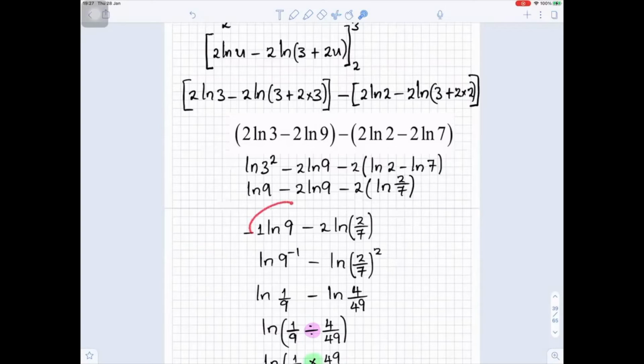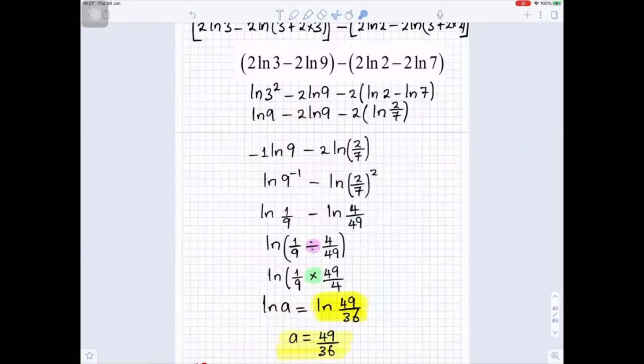So the minus 1 can come to the front as a power, becoming 9 to the minus 1. And the 2 can go in as a power, so it becomes ln of 2 over 7 squared. When you subtract them, you divide. So it's ln of 1 over 9 divided by 4 over 49.